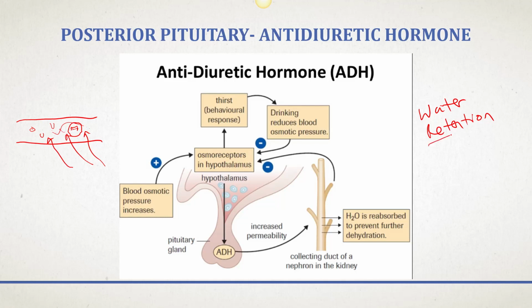Well, if we retain water, we're keeping water in the body, we're decreasing urine output. That means that we're going to have more liquid in here, more volume, which means we're going to increase our blood pressure. But there's another way that we can increase blood pressure.